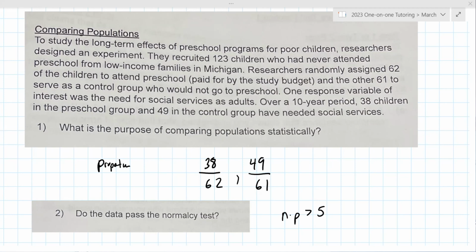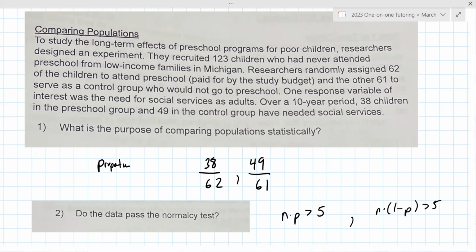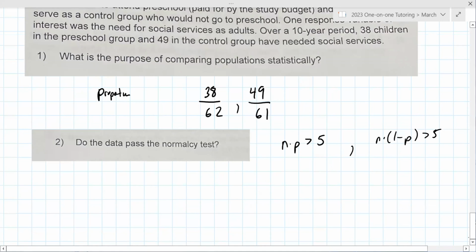Okay, so it is n times p greater than 5, and then it's also n times 1 minus p greater than 5. That's what I'm seeing. But please look, see if there's anything else. I don't see anything that really looks like that. Okay, I'm not sure what to suggest other than this is kind of that standard one that's usually taught in these courses, np greater than 5.